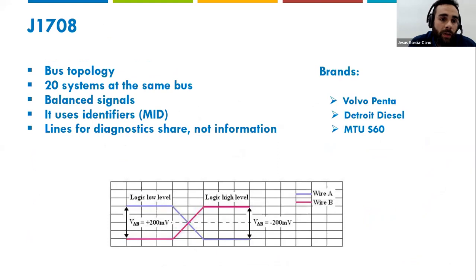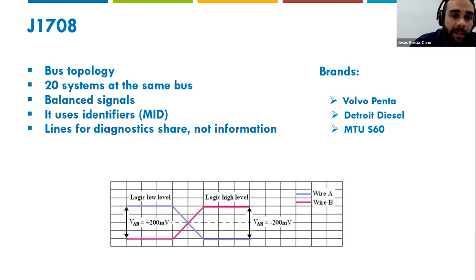Now I'm going to start with J1708. It's a very common protocol in marine because Volvo Penta uses it for technology A, B, C, D, and E. Okay, the newer one, the EVC2, uses a CAN line protocol. So as you can see, the most common is always CAN lines.